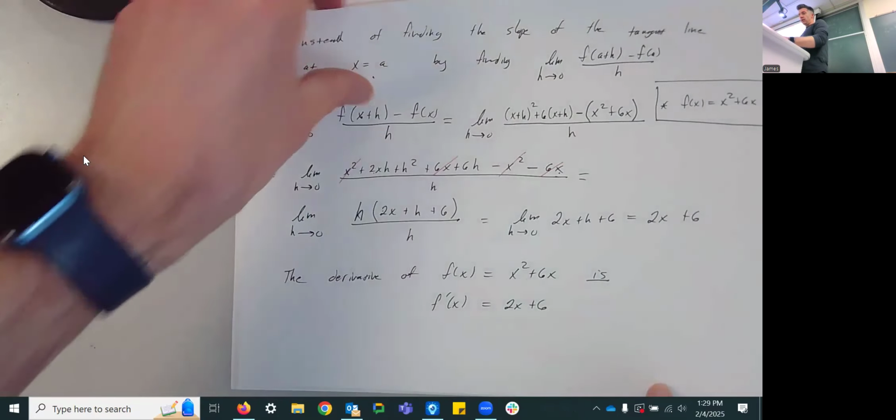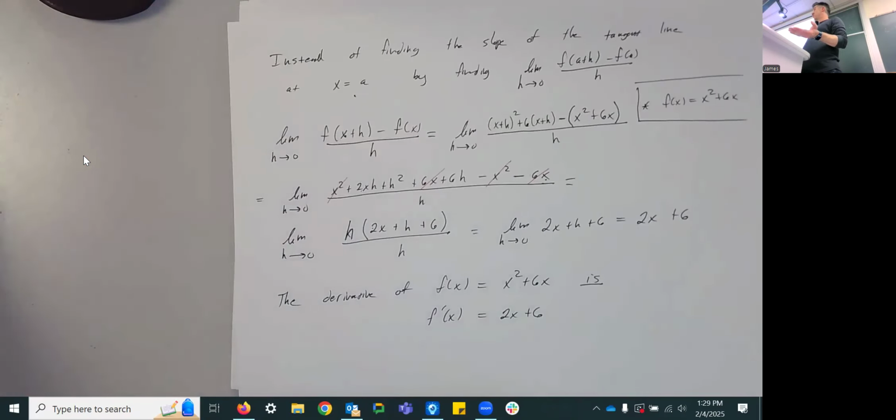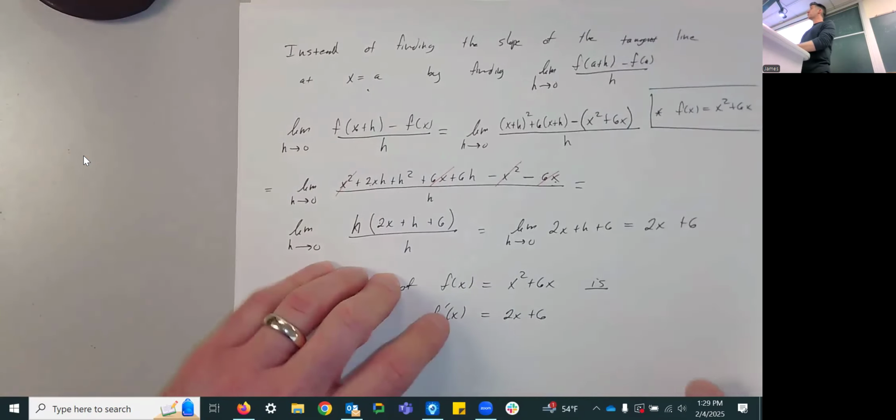So what I would say is that we now have a limit definition of the derivative. And this is kind of the first place you go when you're trying to think about what the derivative of a function might be.